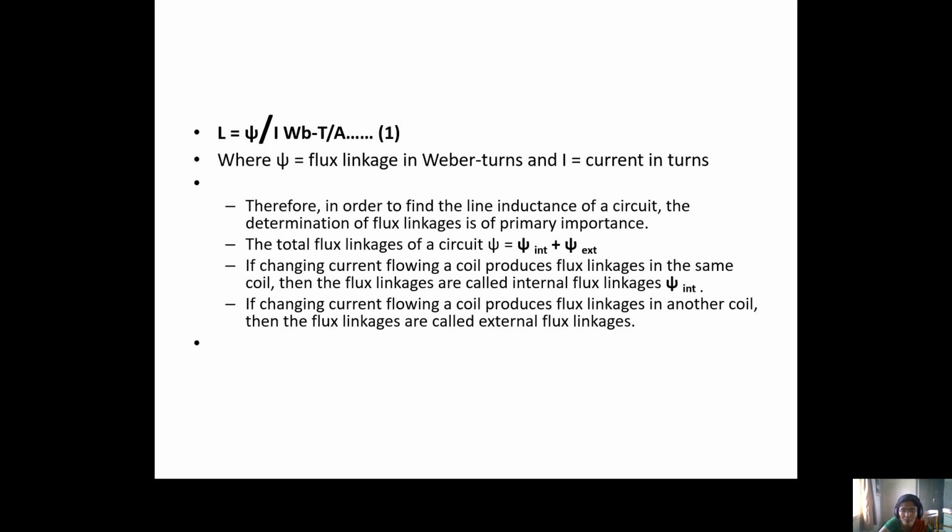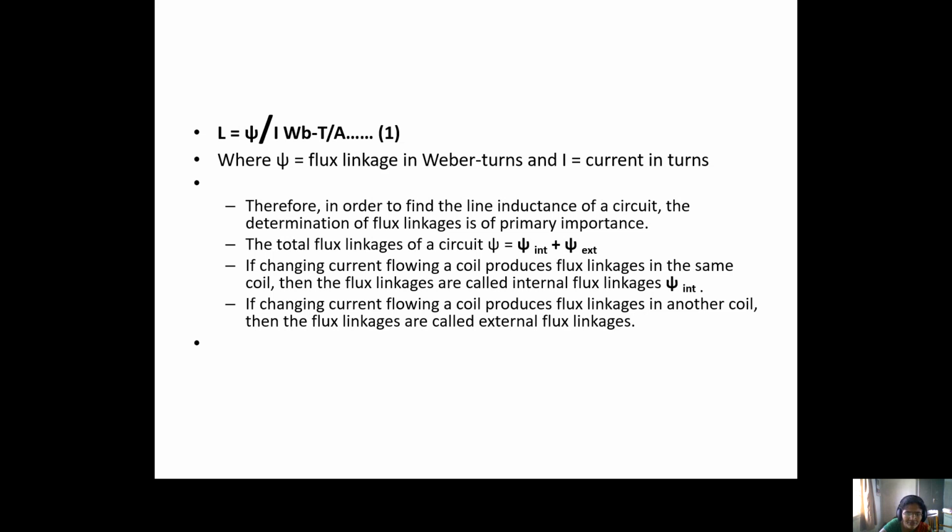The total flux linkages of a circuit is equal to phi internal plus phi external, the sum of the internal flux linkages and external flux linkages.